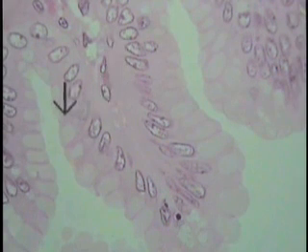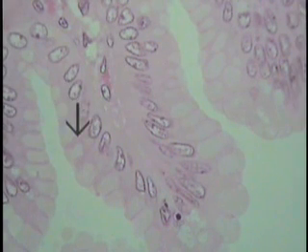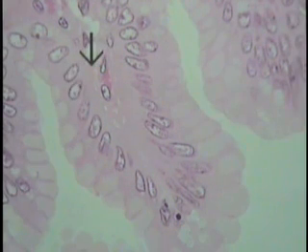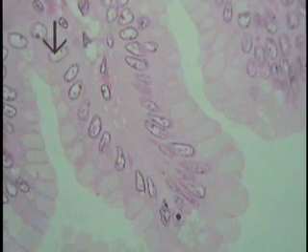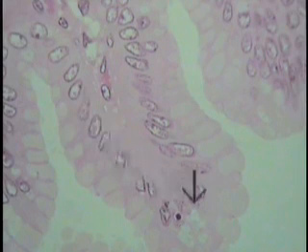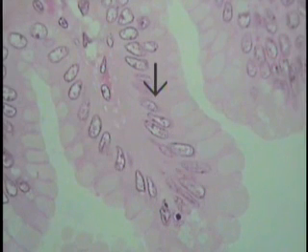So the lateral boundaries of the cell extend from here to here. The top is going from here, the base here, and you can see they're bent a little bit. They all form a simple layer, a single layer of cells that are columnar in shape. That is, the height is much taller than the width of these cells.